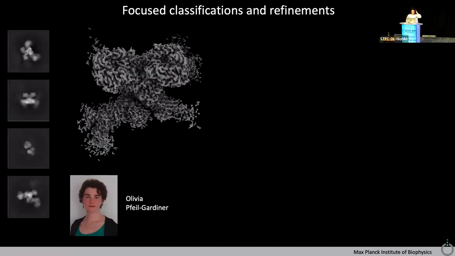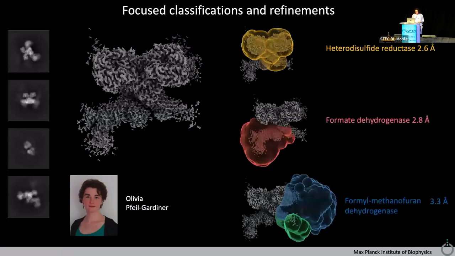And there was a fair bit of image processing, because when we first looked at the complex, we wondered where most of it was. So we were just really seeing a very small part of what we expected to be there on the basis of SDS-PAGE and mass spec. And that's because there's a huge amount of conformational flexibility. That's related both to the complex being very fragile and to a conformational change that I'll tell you more about in a minute.